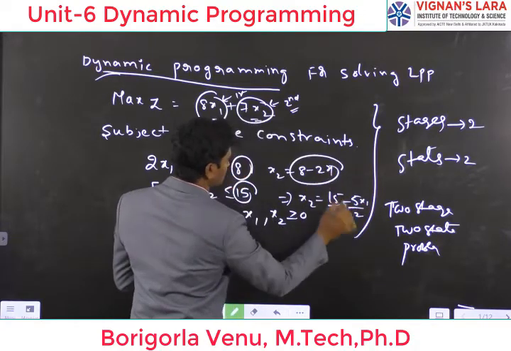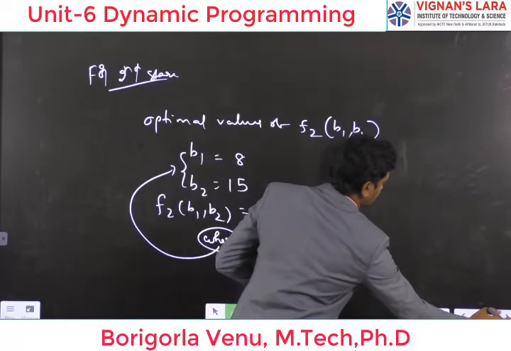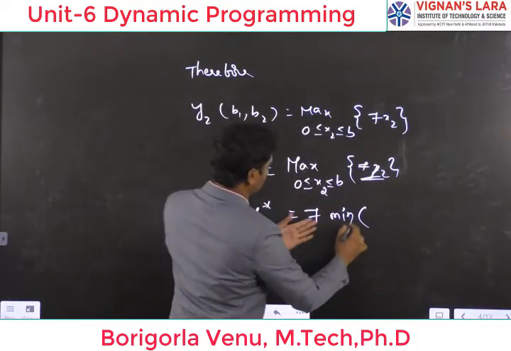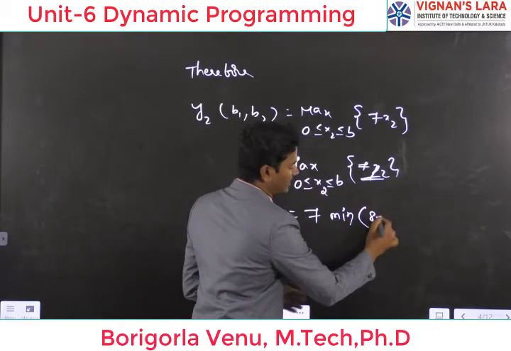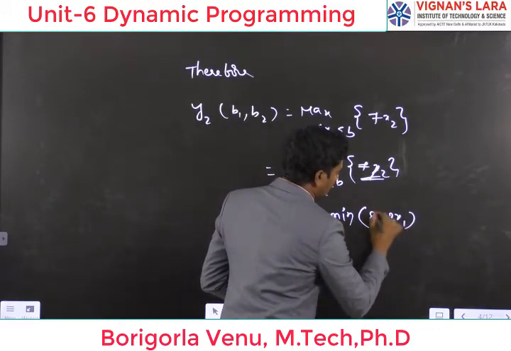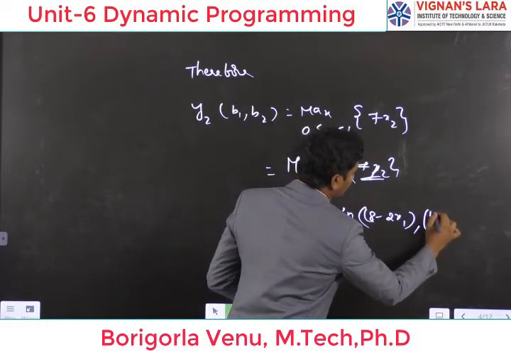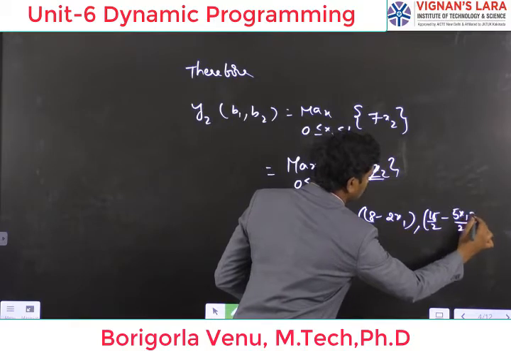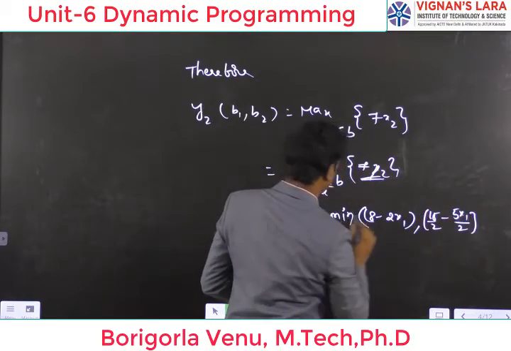So we are going to substitute these two values in the equation, that is 7 times the minimum of 8 minus 2x1 comma 15 by 2 minus 5x1 by 2.